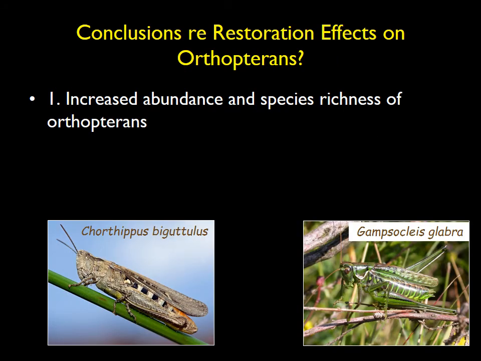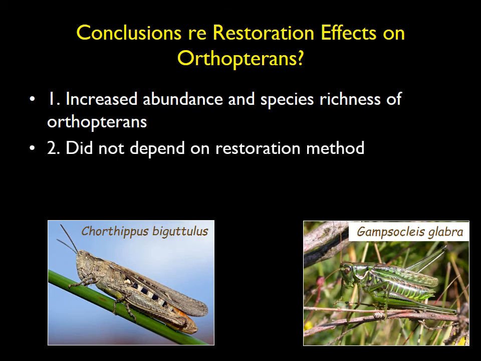So, in case you're curious, their conclusions on the restoration effects of grasslands on orthopterans was that overall increased abundance and species richness was observed. It didn't depend on restoration method.